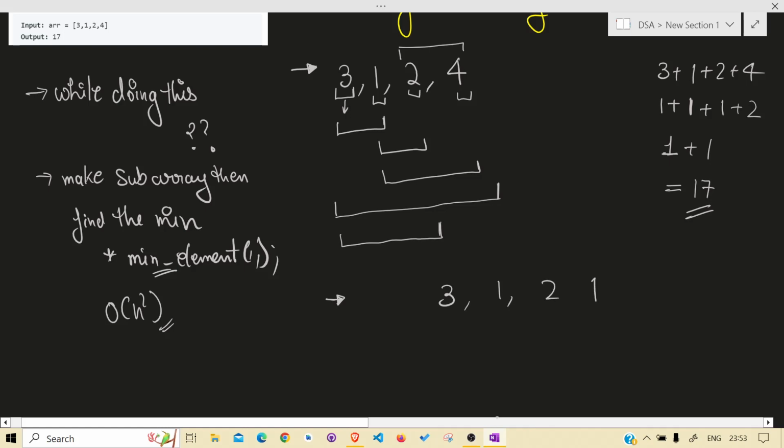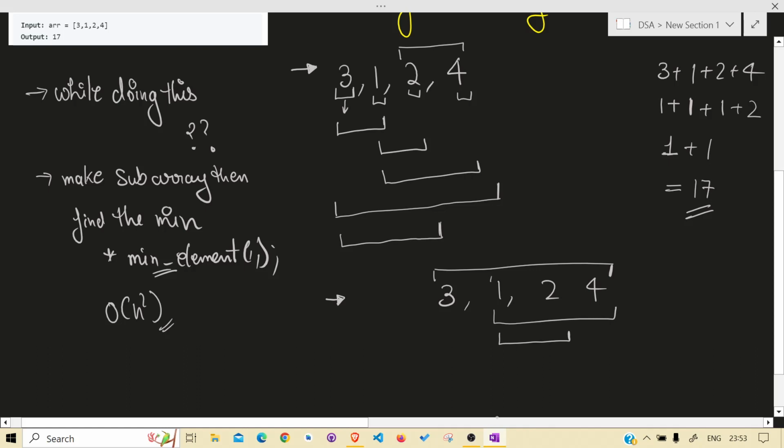When 1 was the minimum, this subarray was included, this subarray was included, and in itself also, and in this also. What you can see is how many times it contributed as the minimum. 1, 2, 3, 4, 5. It contributed 5 times.